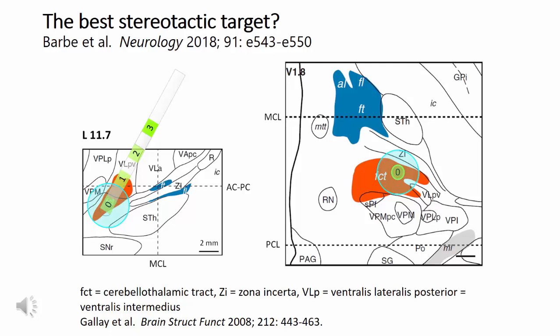The volume of tissue activation shown here in light blue typically extends 1 to 3 millimeters beyond the electrode, which is roughly 1.3 millimeters in diameter. Consequently, it will be very difficult to prove one target more beneficial than the others.